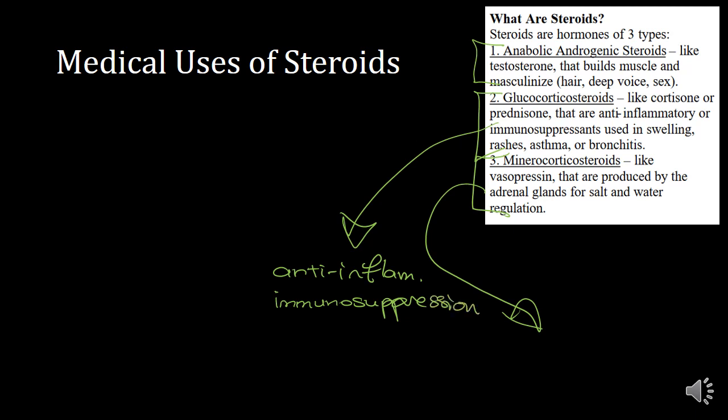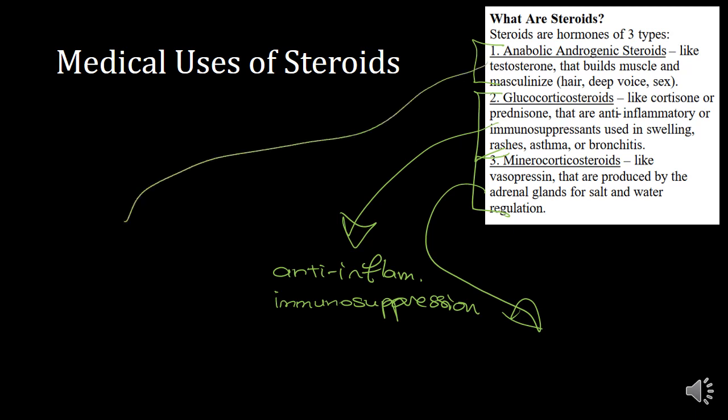So basically my skin, I get dermatitis because my immune system overreacts to an ingredient in soap, which is great at this time where I'm washing my hands every 5 seconds. So basically by putting this cream on my skin, I'm telling my immune system to calm the hell down.